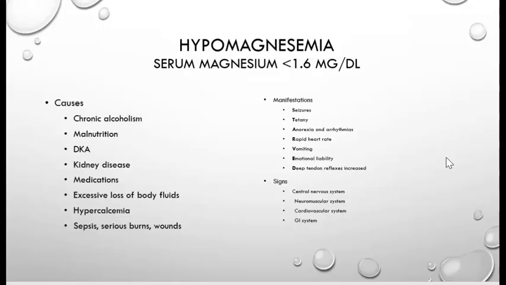This causes increased neuromuscular excitability, muscle weakness, and tremors. You're going to have increased neuroexcitability that contributes to seizures and mental status changes. Be aware that there could also be cardiac abnormalities, dysrhythmias, and an increased risk for digoxin toxicity and hypertension.